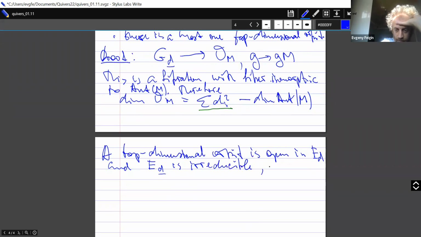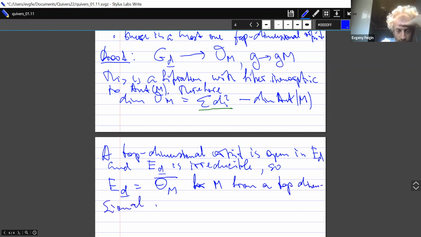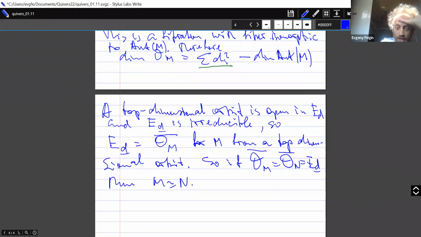So E_d is a closure of the orbit of M for M from a top dimension orbit. So if the orbit of M equals the orbit of N equals E_d, then M is isomorphic to N. So the only question is why the first claim is true. So why is a top dimensional orbit open in E_d?